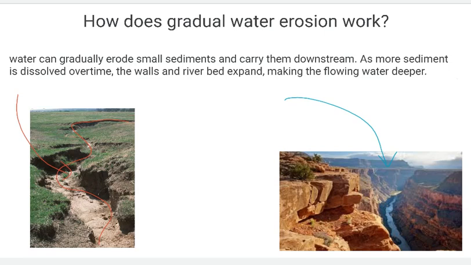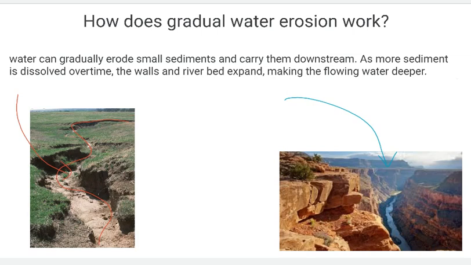The Grand Canyon and other canyons throughout the world are formed through these tandem processes of weathering, erosion, and deposition. So these small sediments are being broken down through weathering, and then as they are being broken down, the water can carry them downstream.